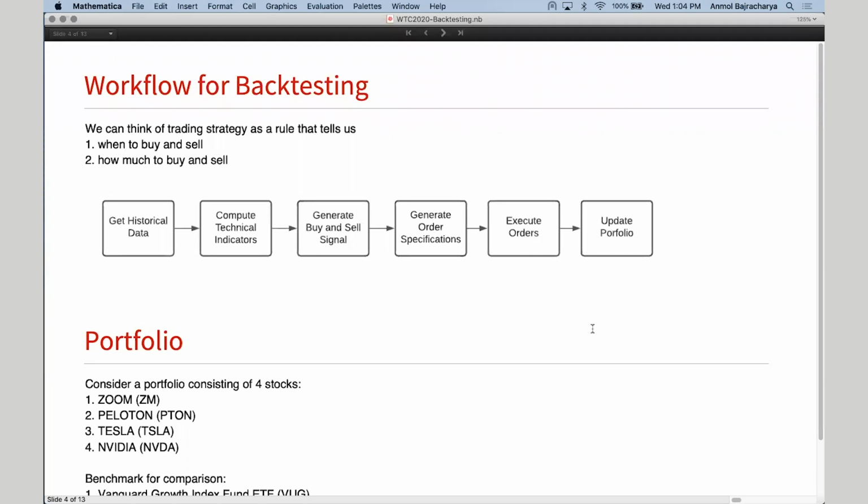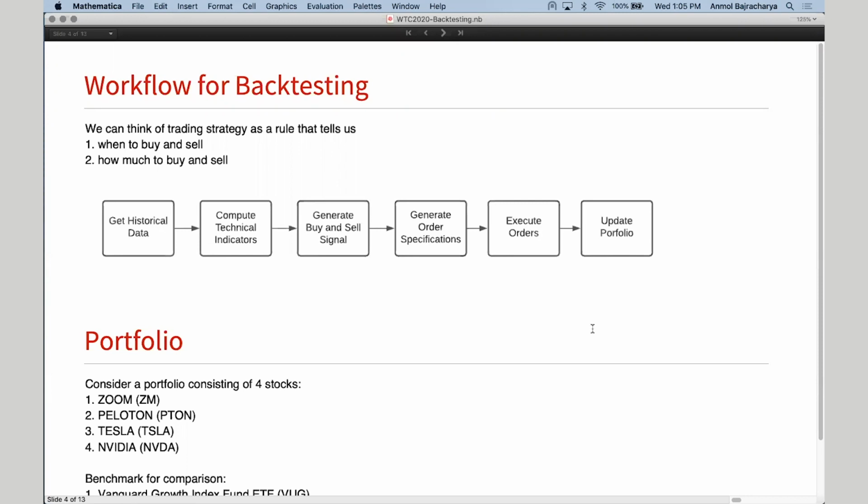Once we have buy and sell signals, we generate an order specification based on our trading strategy. Once we have order specifications, those orders can be executed in the market or in a backtesting framework. Once we have the order execution, we update our positions and eventually update the portfolio value.